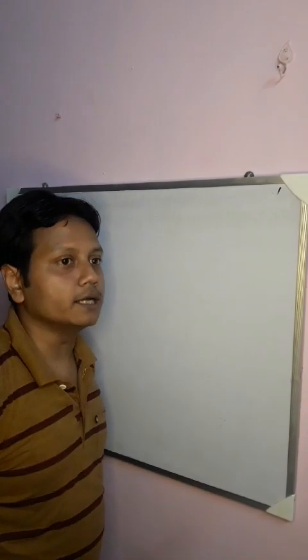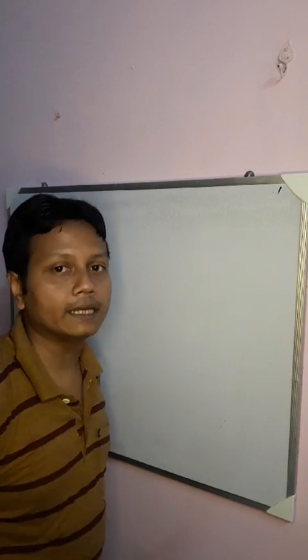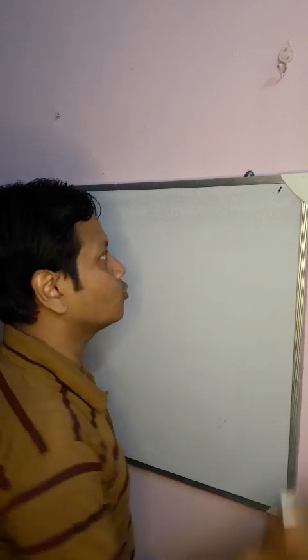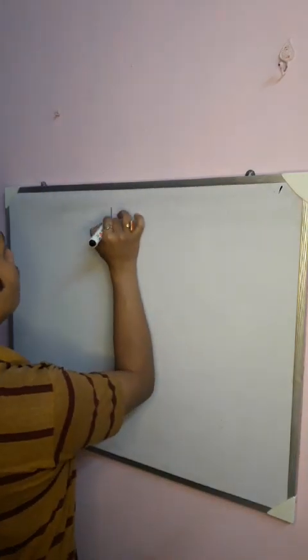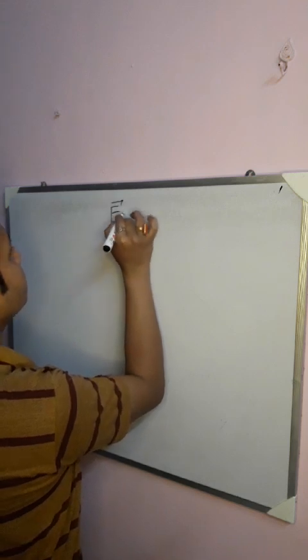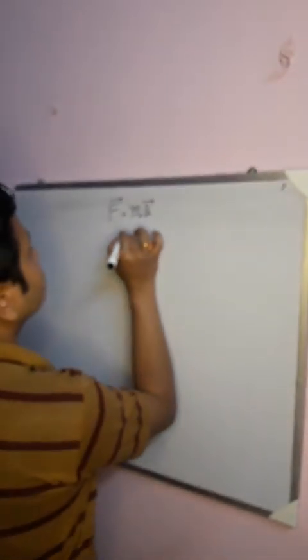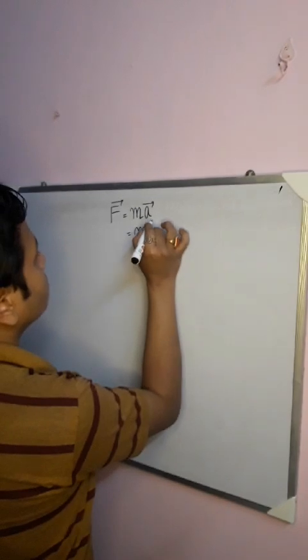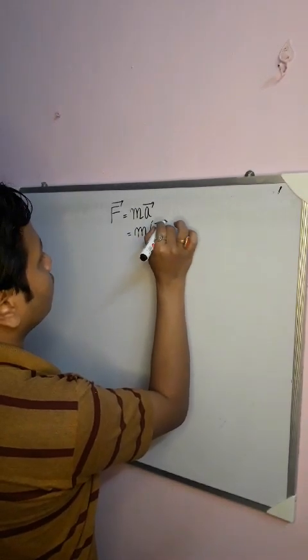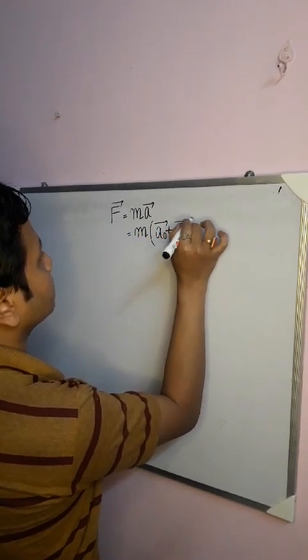Now, as I told earlier, Newton's laws of motion hold good in inertial frames of reference. So what will be the force acting on the particle relative to the S frame? That is ma. So we can put a naught plus a dash.